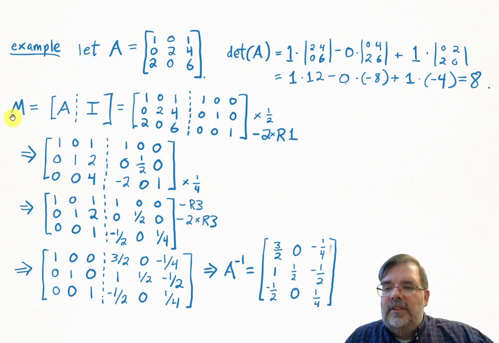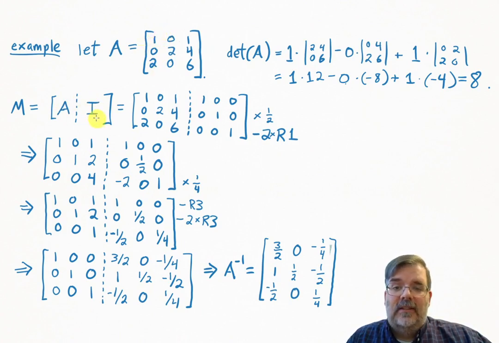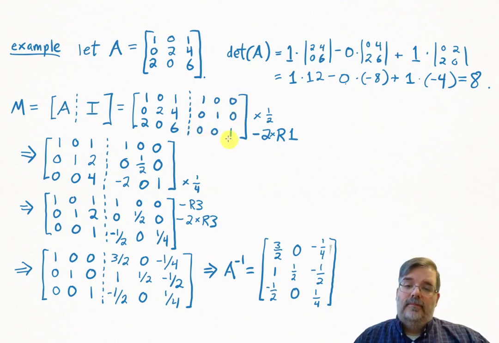We'll form this mega matrix M by writing a matrix where the left half is our original matrix A and the right half is the 3 by 3 identity matrix. So here's what it looks like. We have 1, 0, 1, 0, 2, 4, 2, 0, 6 on the left, and on the right we have 1, 0, 0, 0, 1, 0, 0, 0, 1.